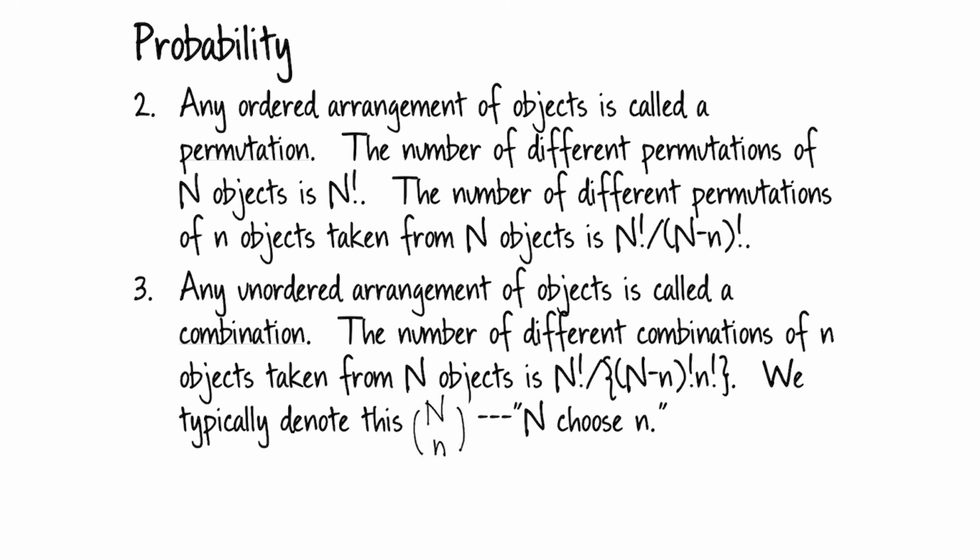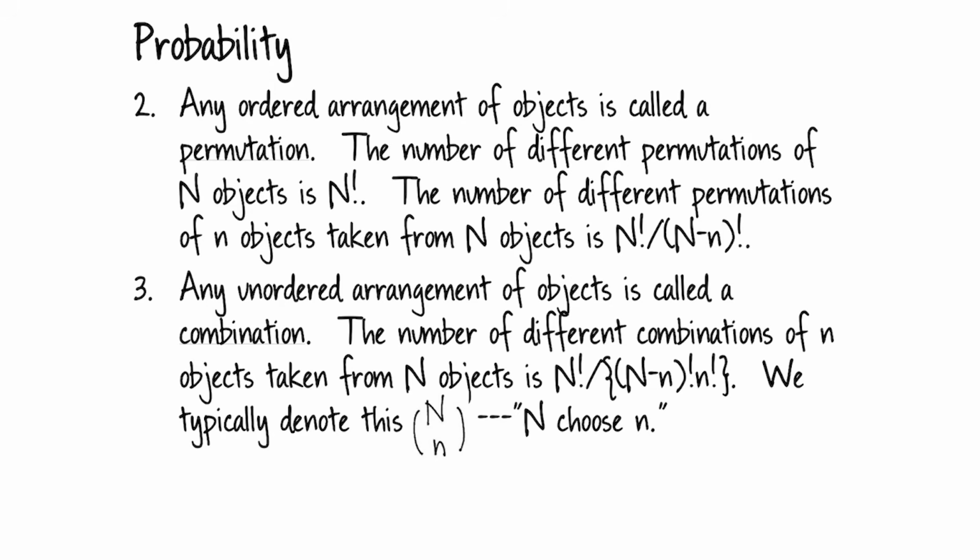Sometimes we want to count outcomes in a sample space where order doesn't matter. In the license plate example, order was important, so a license plate that was ABC 123 is different from a license plate that's BCA 231. But there will be problems where order doesn't matter, and we don't want to count different orderings as different outcomes. So we have a third counting rule, the counting rule of combinations.